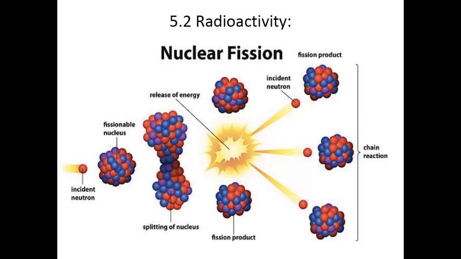Once this reaction is started, it would not end before all of the available atoms have been split. This is the reaction that goes on inside a nuclear or atomic bomb, or which is done inside nuclear power plants to create energy.